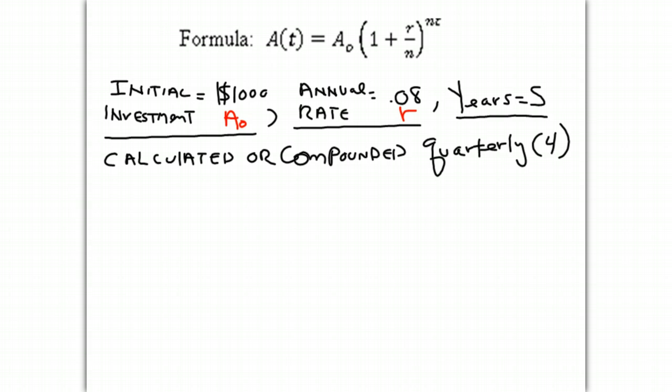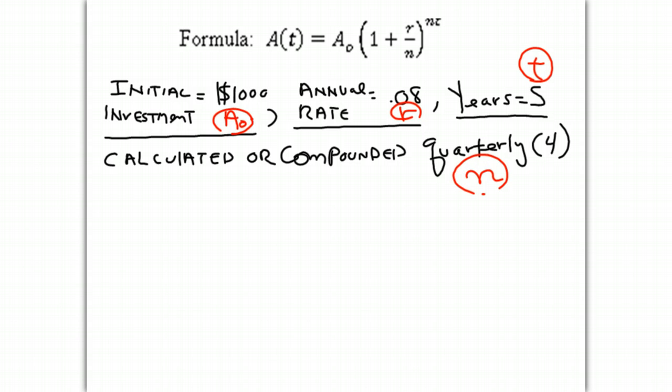The number of years is 5, and that is our T value. And the number of times it's calculated per year or compounded per year is quarterly. And that is our N. So we have our A sub 0, we have our rate, R, we have our T, and we have our N.